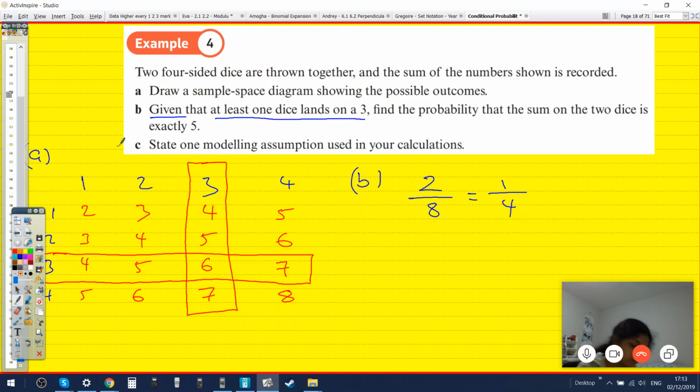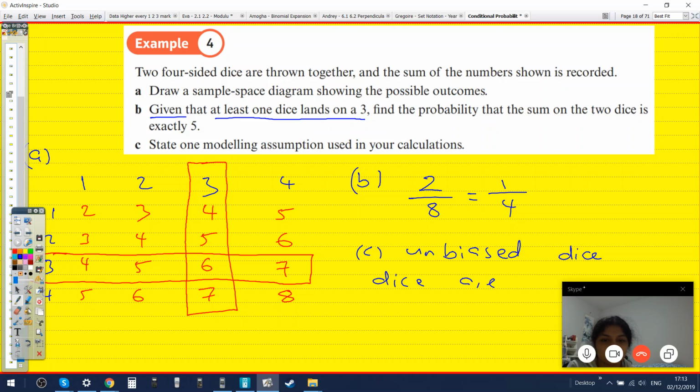Oh yeah, how about C? I don't know about C. State one modeling assumption. Is it like the dice are unbiased or something? Unbiased dice. I think what they're driving at is that the dice are independent.